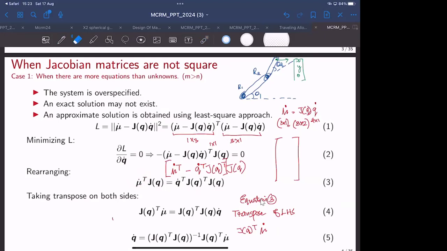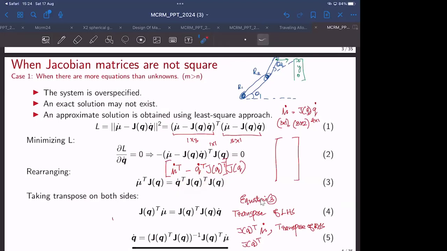And similarly, the transpose of the RHS. So transpose of these three terms. First you have to take the transpose of this term. So the first term would be J of q transpose. So this is the first term. Now the second term, you have to take the transpose of this term.